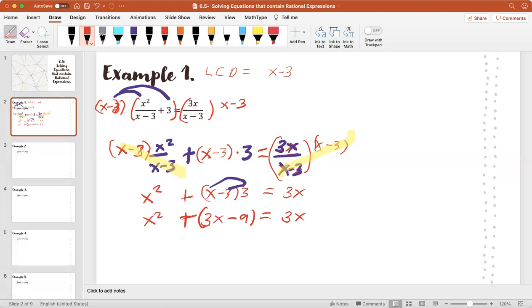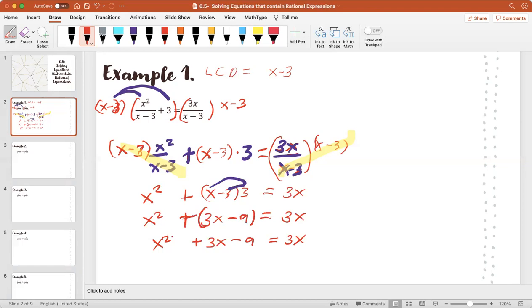But there's no change needed here, right? So we simply put here x squared plus 3x minus 9 equals 3x. Combining like terms, you see that the result here is a quadratic equation, because the highest degree here is 2.